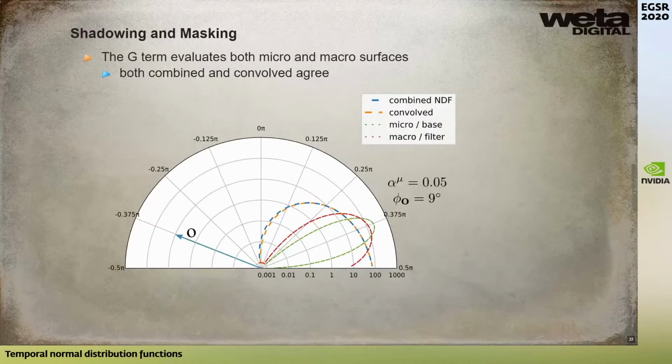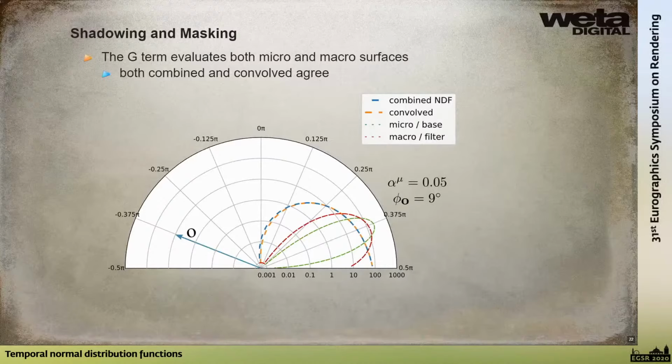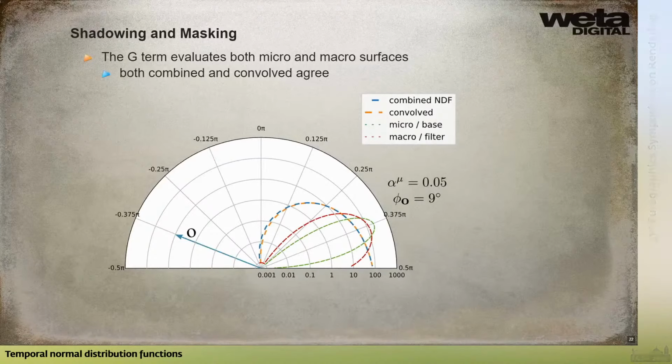In our experiment, we have a fixed outgoing direction, and the macro surface in red is anisotropic non-axis aligned with 0.3 roughness along the major axis and a very small amount, 0.015, on the minor. For the micro instead, we use an isotropic distribution in green and a low roughness value.